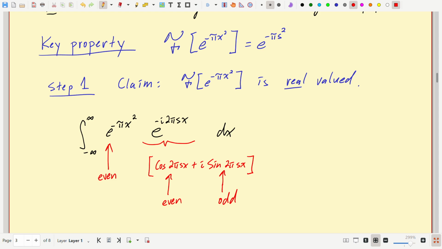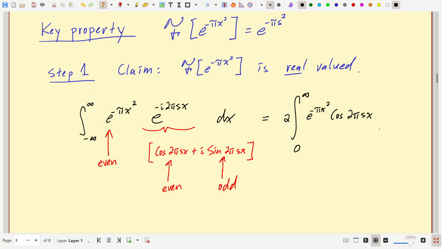So this is actually going to be equal to 2 times the integral from 0 to infinity of e to the minus pi x squared cosine 2 pi sx. Kind of like a Fourier cosine integral. So sure enough, that's a real valued thing.